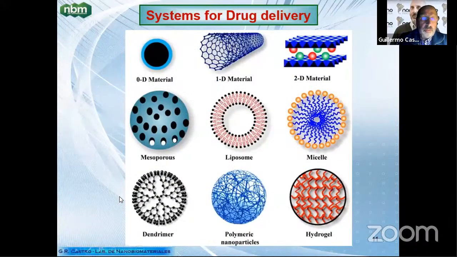So what do we have now? What kind of systems do we have? Well, we have zero-dimensional materials. So this is a metallic one. Quantum dots in general are very toxic and used not for drug delivery, just to create images of tumors, for example. 1D materials, that is the nanotubes, 2D, just films, and other kinds of particles with different sizes.